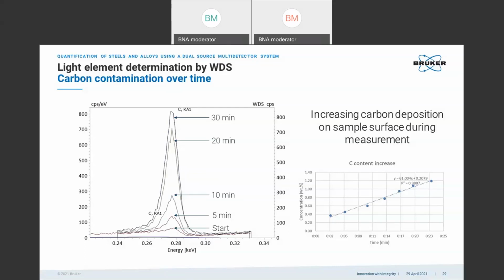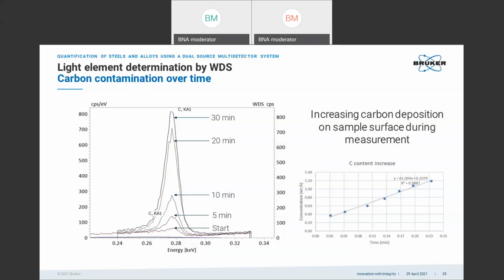Also, I did some quantification over time and did some peak and background measurements instantaneously. As soon as I got on the spot, I always acquired for 60 seconds on the peak and another 60 seconds for background measurements, so 2 minutes. That is what is shown in this graph. I acquired a continuous series on the same spot, and we see this apparent, or rather actual, increase because of carbon deposition.